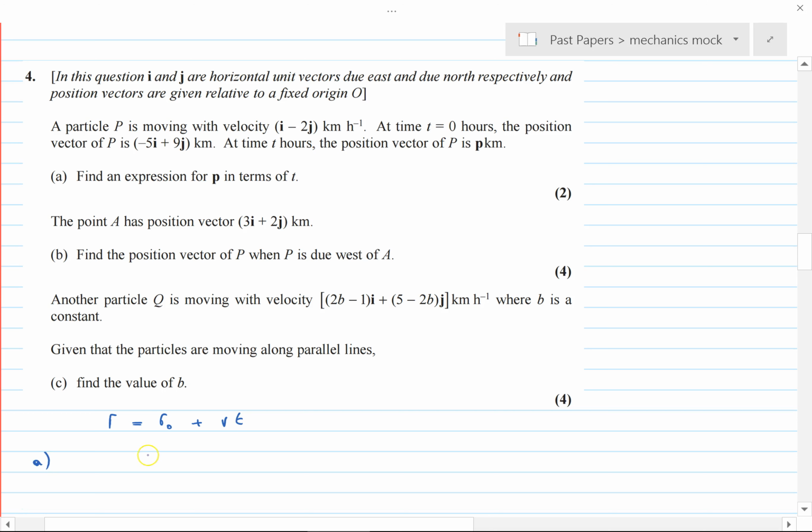use for part A. They said that they've used P for the vector at time t of the particle P. The initial position vector is this, minus 5i plus 9j. And it's traveling with this velocity.